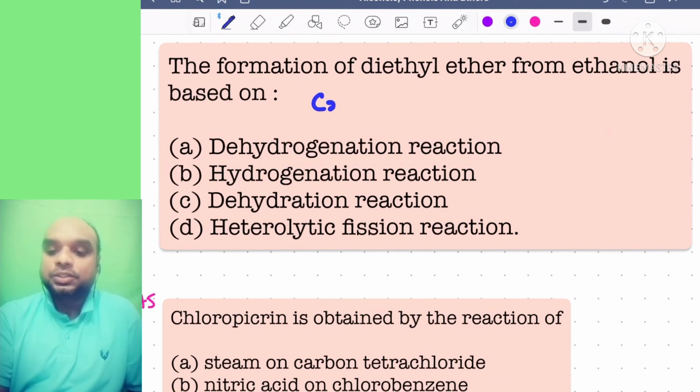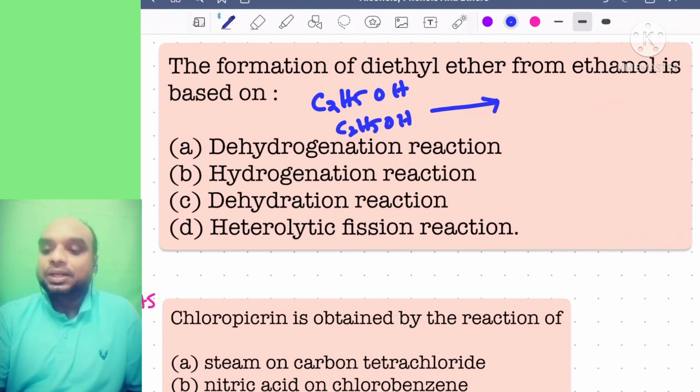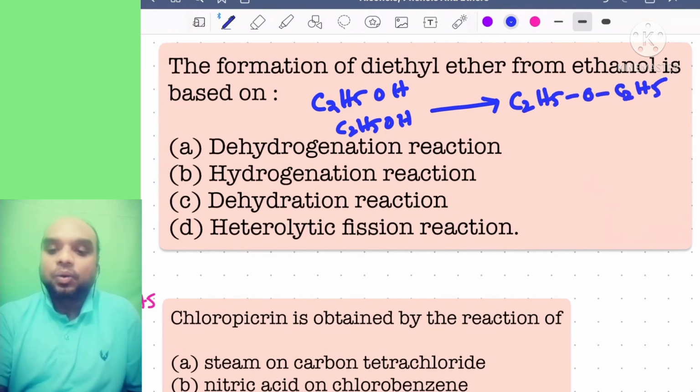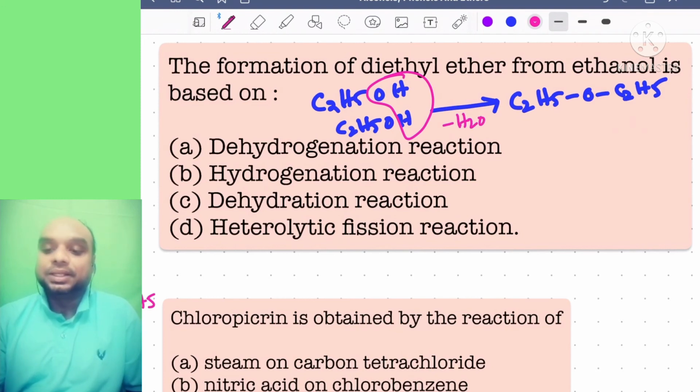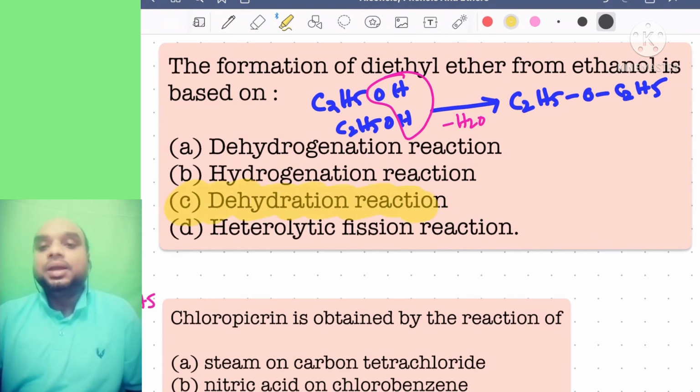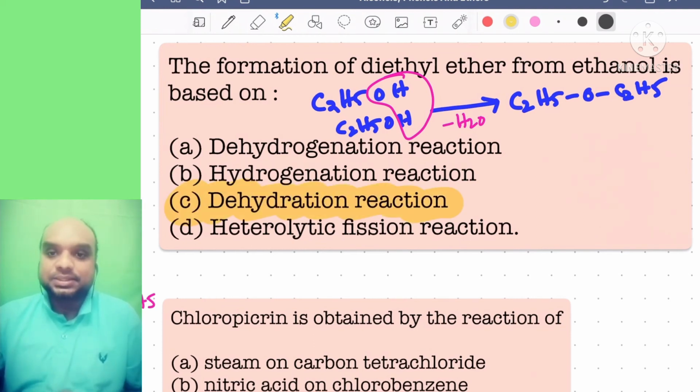So C2H5OH and C2H5OH give diethyl ether, C2H5OC2H5. Here H2O, water, is going out, which is dehydration. So this reaction is called a dehydration reaction.